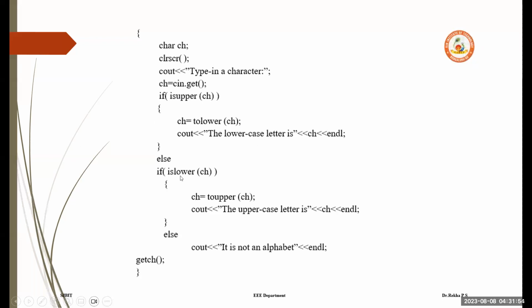Else, if it is lower, convert that into upper and print the value. Otherwise, if it doesn't belong to both cases, that is, it is not true in both cases, then the last case: it's not an alphabet.